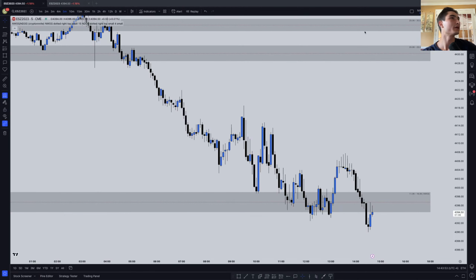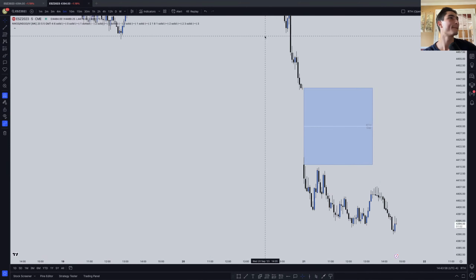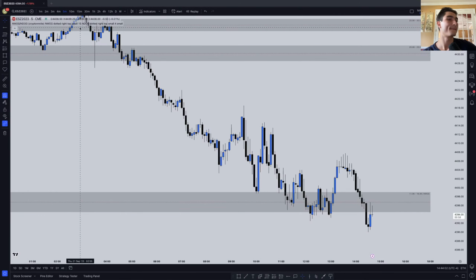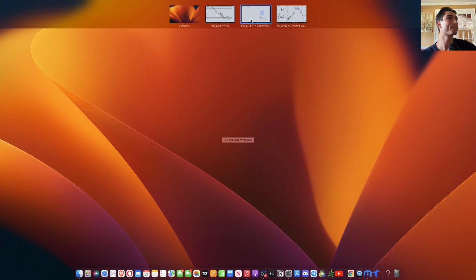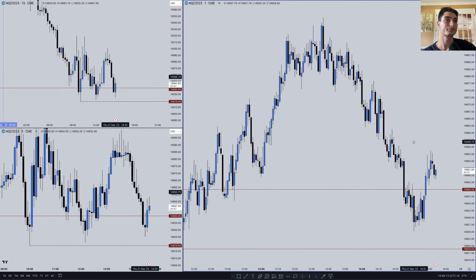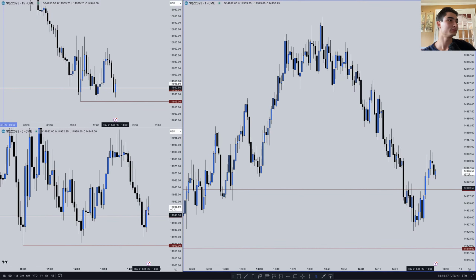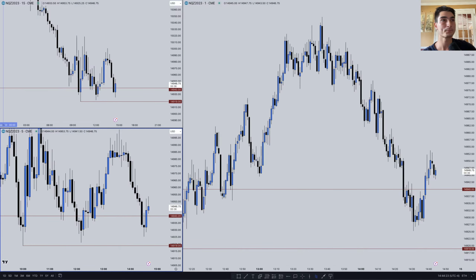It's back on my other monitor. So again, just watching that 5-minute candle, seeing how we trade in here. So I would want to see us close inside of that if we are going to remain bearish.